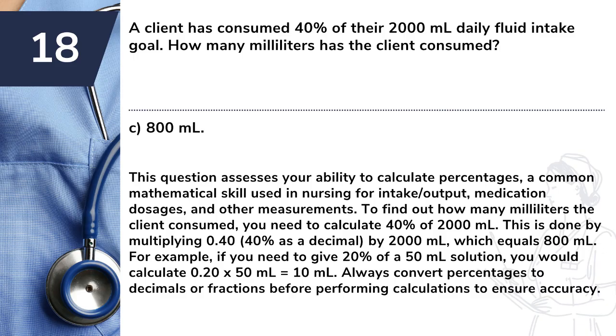This is done by multiplying 0.40, 40% as a decimal, by 2,000 ml, which equals 800 milliliters. For example, if you need to give 20% of a 50 milliliter solution, you would calculate 0.20 times 50 milliliters, which equals 10 milliliters. Always convert percentages to decimals or fractions before performing calculations to ensure accuracy.